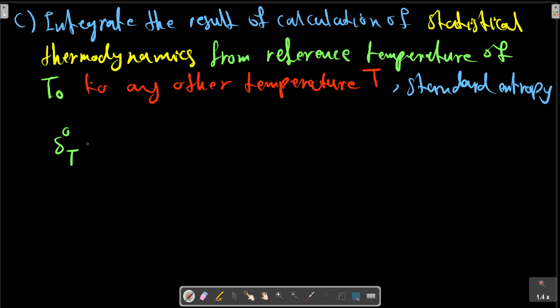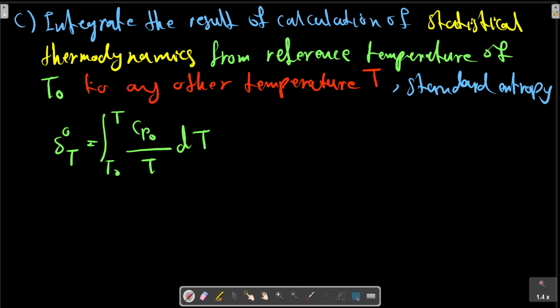S0 T, the standard entropy, equals the integration from the reference temperature T0 to the desired temperature of Cp0 over T dT.